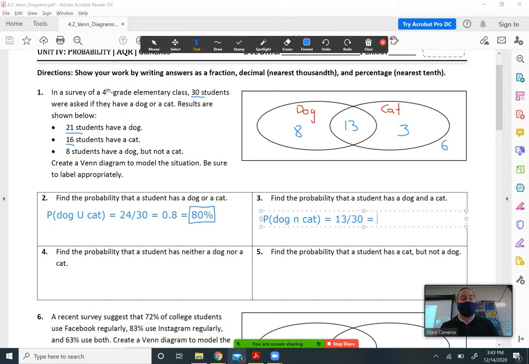So it's point what? I got 0.4333. Okay, so 0.433. And then when you multiply by 100, 43.3%. That's correct.